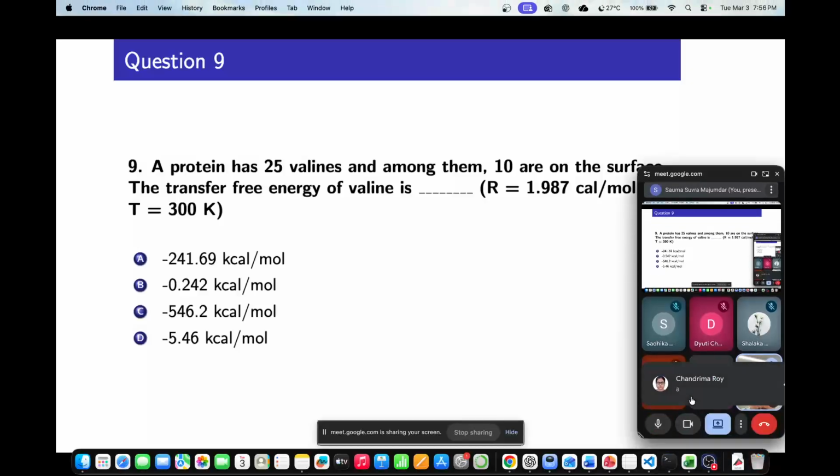No, I think somebody answered A. You're close, but you have to look at the unit. It's kilocalorie.